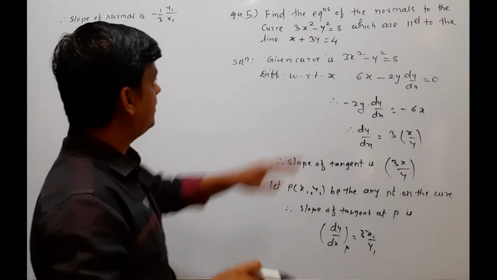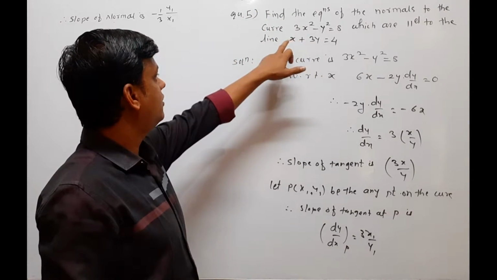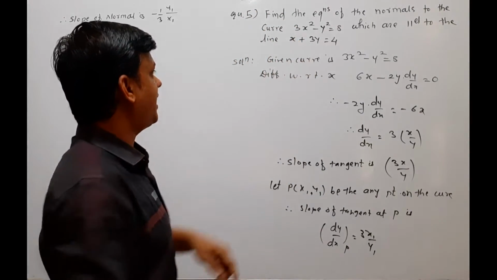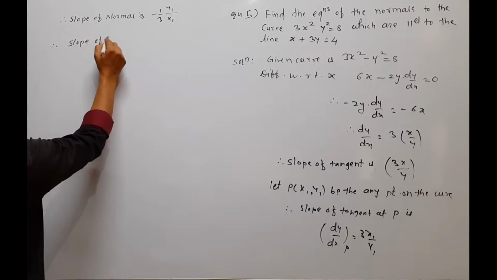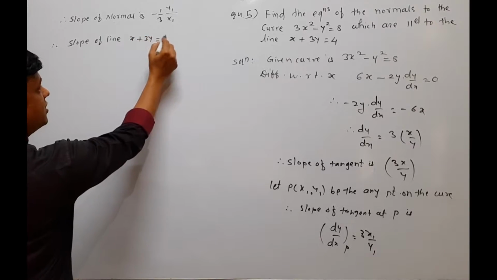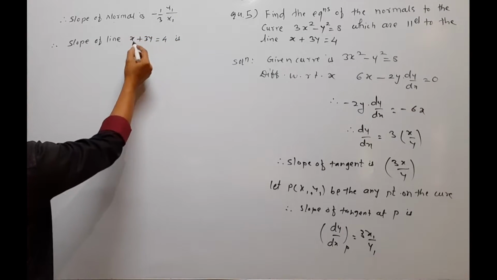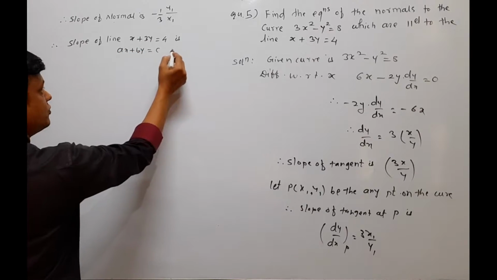Now here this given line is parallel to the normal, so we find slope of this line. Therefore slope of line x plus 3y is equals to 4 is, we compare this with ax plus by is equals to c.